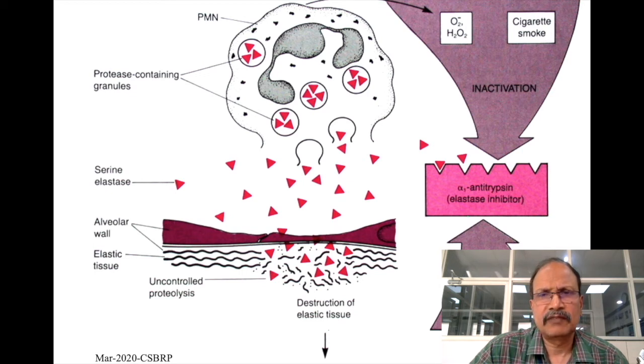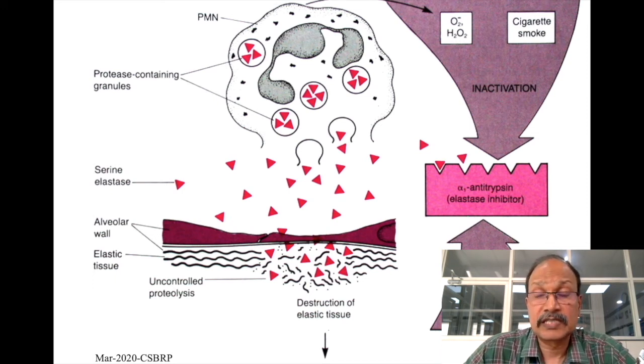So alpha-1 antitrypsin can neutralize many of the enzymes, including elastases. So any genetic deficiency associated with mutation of alpha-1 antitrypsin or decreased synthesis of alpha-1 antitrypsin may result in increased destruction of the alveolar elastic fibers.